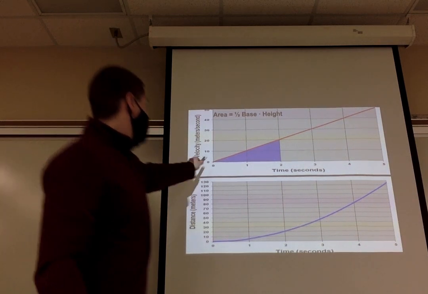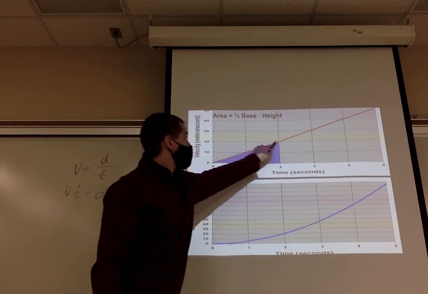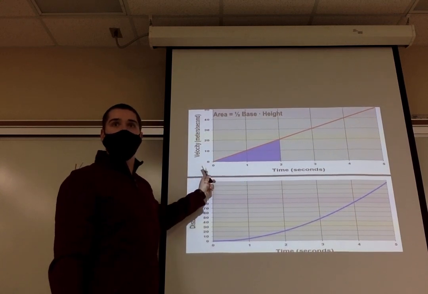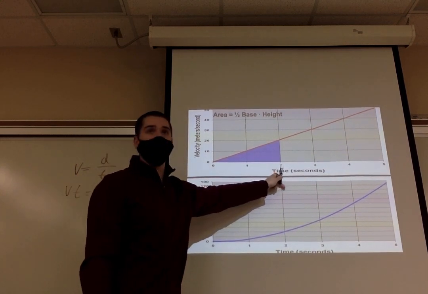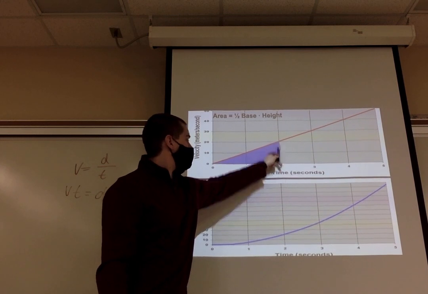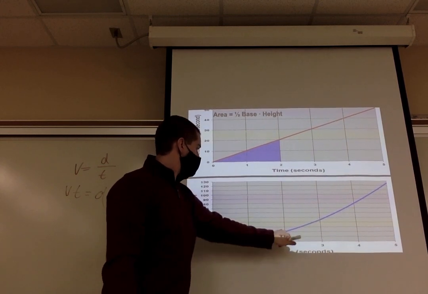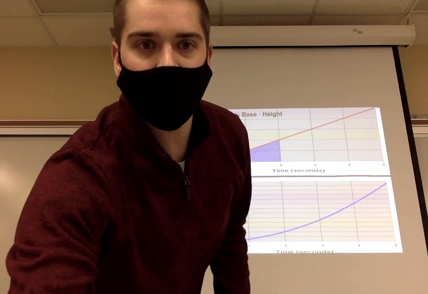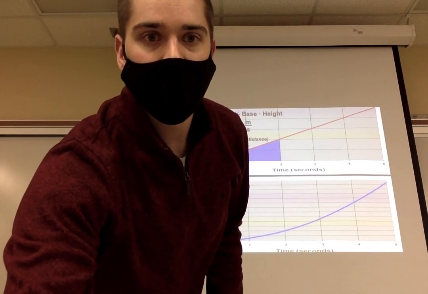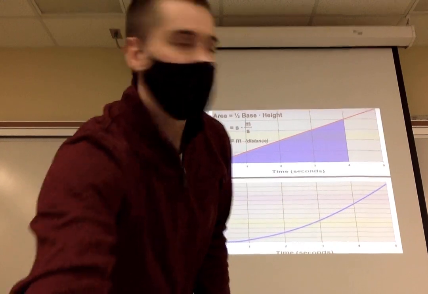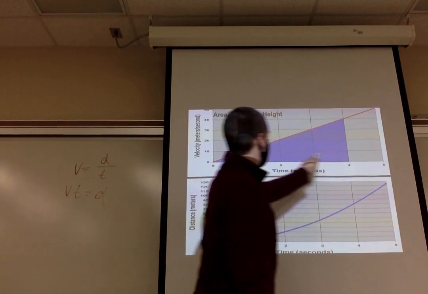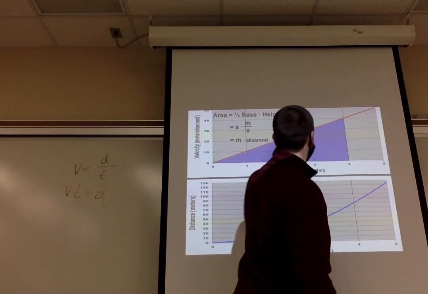That's at 2 seconds. Whatever this number is should be my displacement at 2 seconds. Whatever displacement from here to here, this area should be this distance. Again, when it gives you numbers, those numbers will match up.